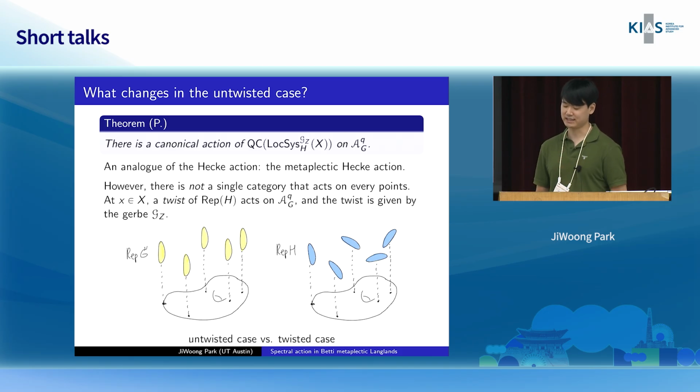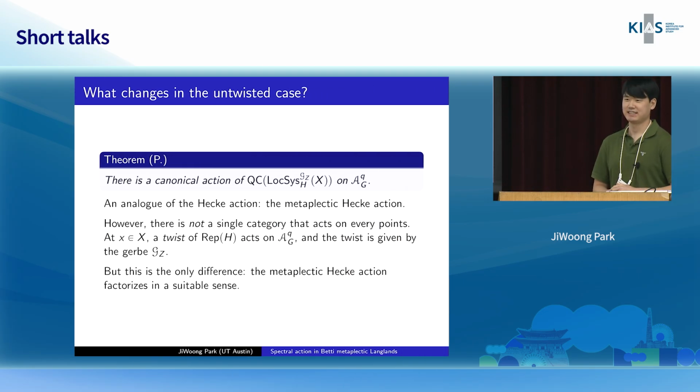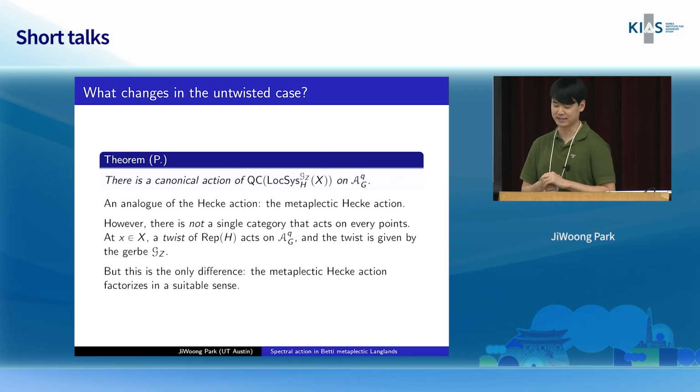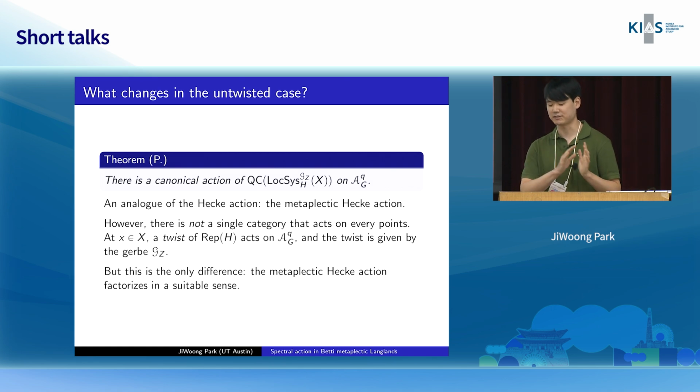And the non-triviality of the local system is encoded by the metaplectic closure. However, this is the only difference because you can show that the metaplectic Hecke action factorizes in a suitable sense. So you can imagine developing a twisted analog of the factorization homology formalism before to attack this problem.